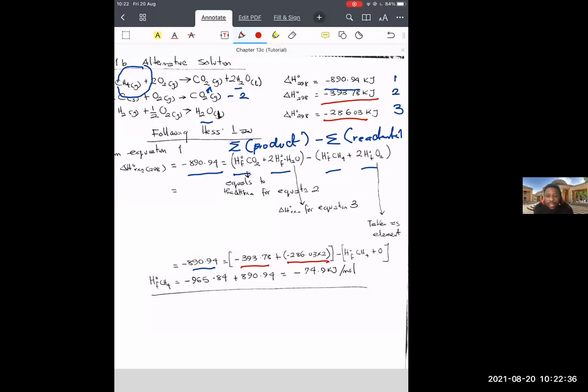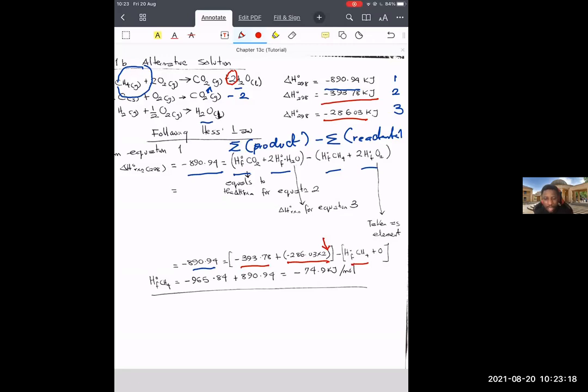But remember, this is per mole, and the stoichiometric mole for water in our main reaction is 2, so we need to multiply by 2. Then we have the heat of formation for the CH4 we are looking for. For oxygen, we've said it's usually 0 for elements. Once you calculate, you get minus 74.9 kilojoules per mole. That is the heat of formation.